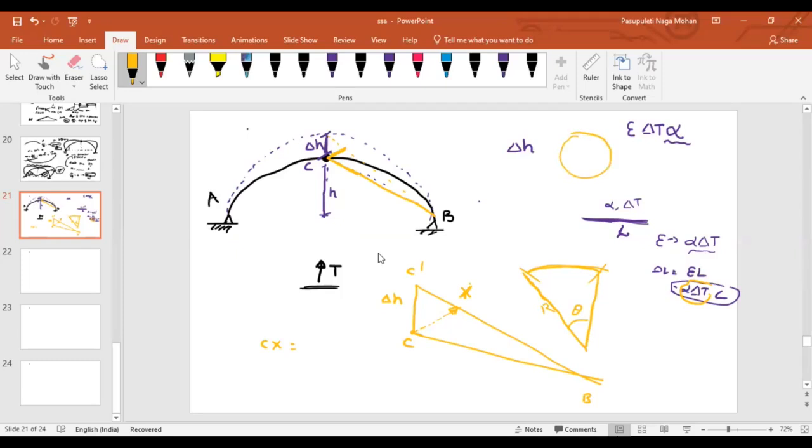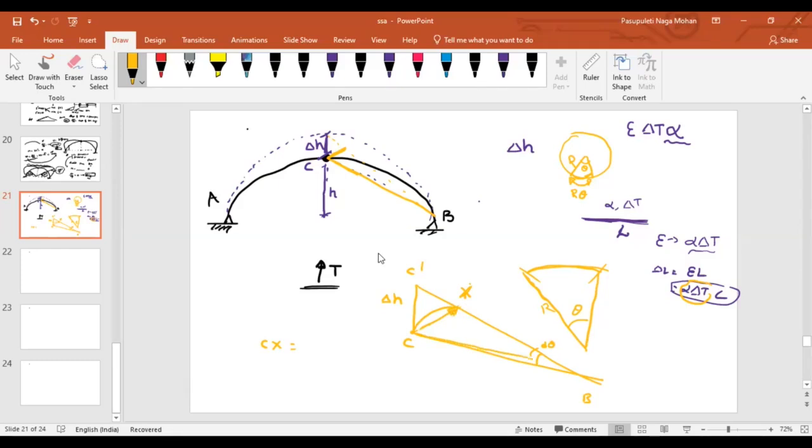Imagine there is a circular thing. And if you are taking two points on an arc, with angle theta between them, what about the distance between these two points? R into theta, isn't it? So just like the same thing, because of the temperature rise, if this is delta theta, what can be this length?